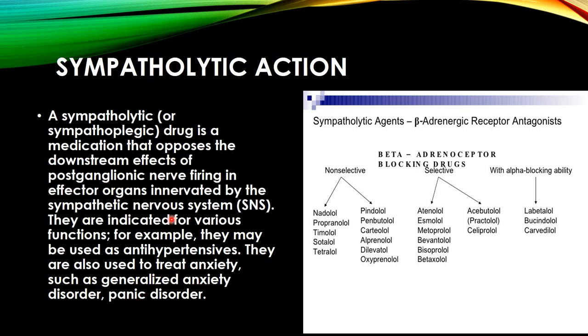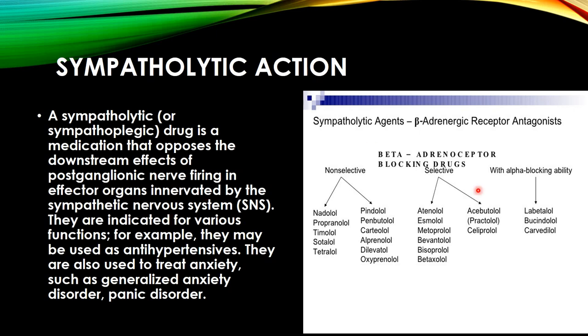So these sympatholytic drugs are basically opposing the function of the downstream activity. Thereby they are acting as blocking agents or blockers, as I said in the previous presentation for parasympatholytic drugs. So here these drugs are mainly used for various diseases like hypertension, anxiety, panic disorders.